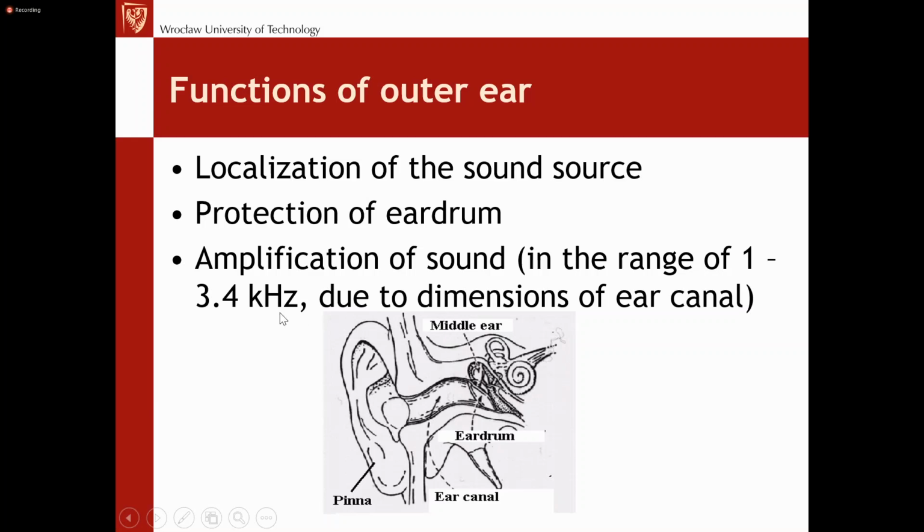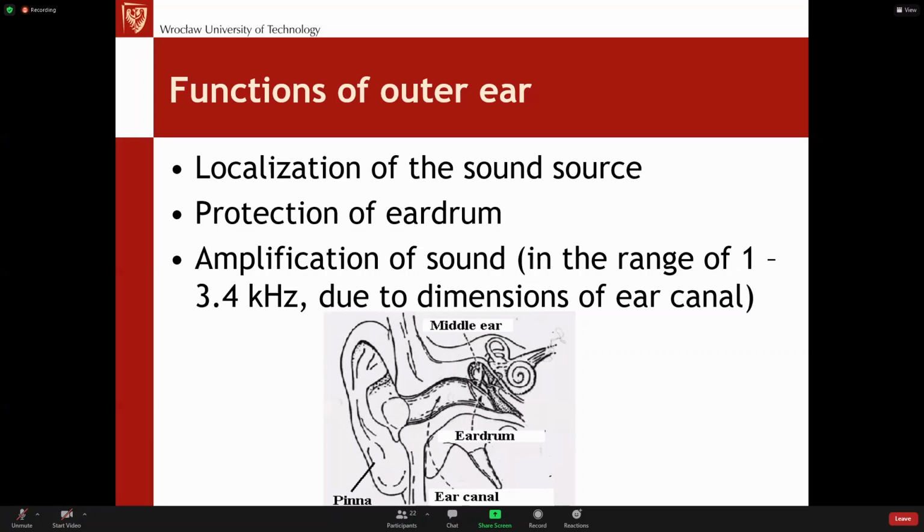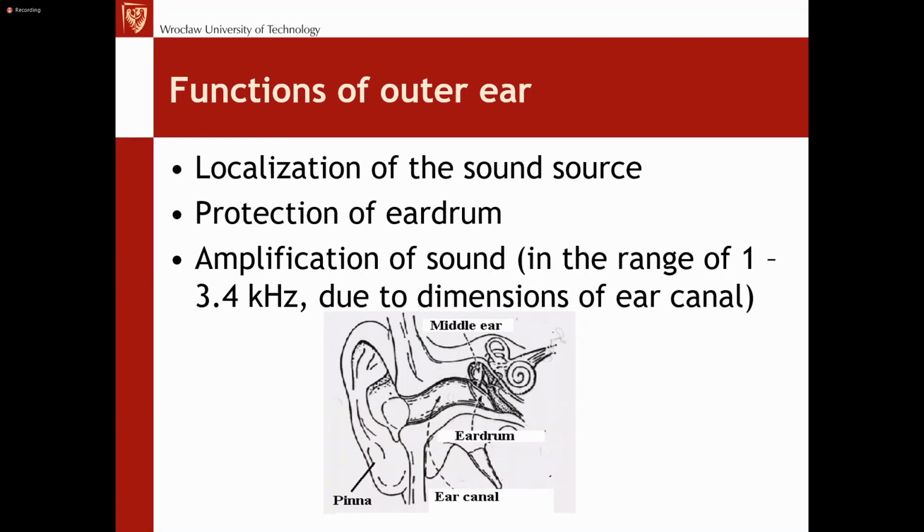And the last main function of this part of the ear is amplification of the sound. And this amplification occurs in the range of 1 to 3.4 or 3.7 kilohertz. The last value differs in the bibliography, but we can simply say that it is a limiting frequency of 3.4 kilohertz, and this amplification occurs due to the dimensions of the ear canal.